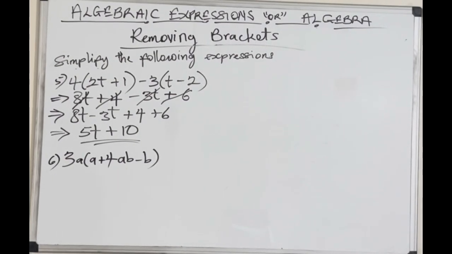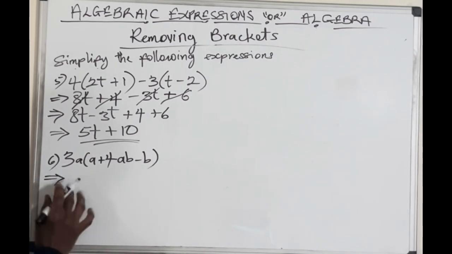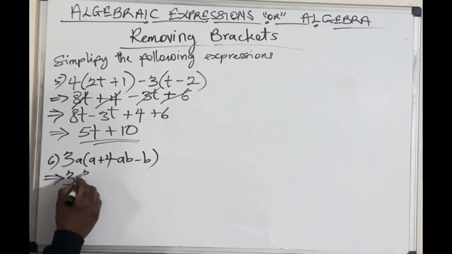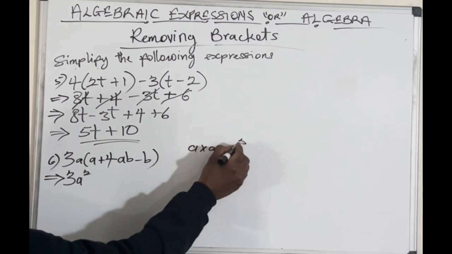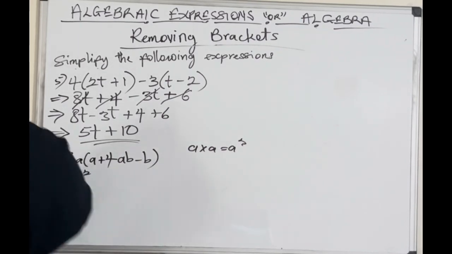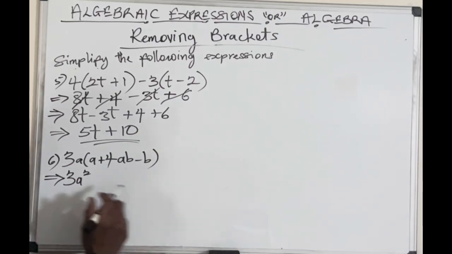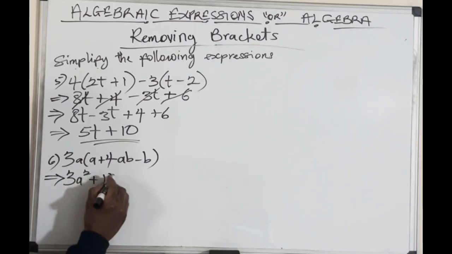Now question 6. We took away the brackets. 3a times a, 3a squared, because a times a is what? A squared. That's why we had a squared. So plus 3, 4, 12.